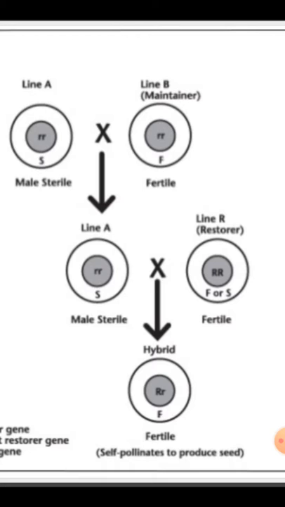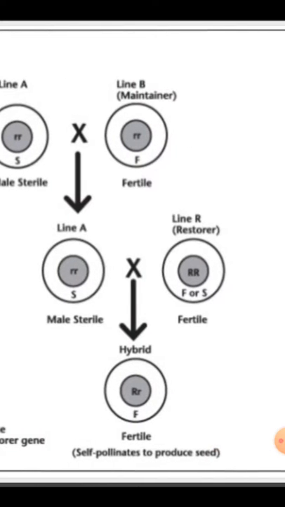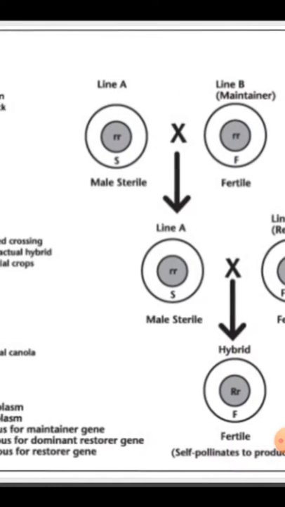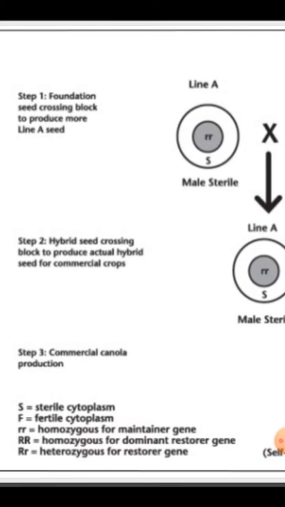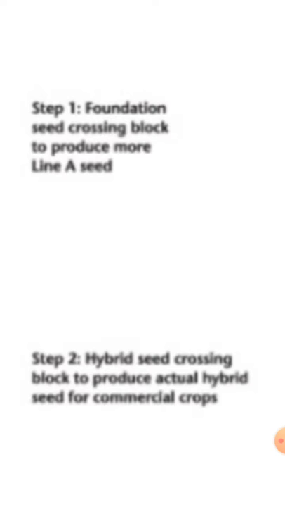After crossing it with male sterile line A, we get a hybrid with capital R and small r, in which A is taken as the female. So here we get fertile plants, and capital R is dominant, so after self-pollination they produce seeds. You can see here the description: the foundation seed crossing block produces more line A seed.